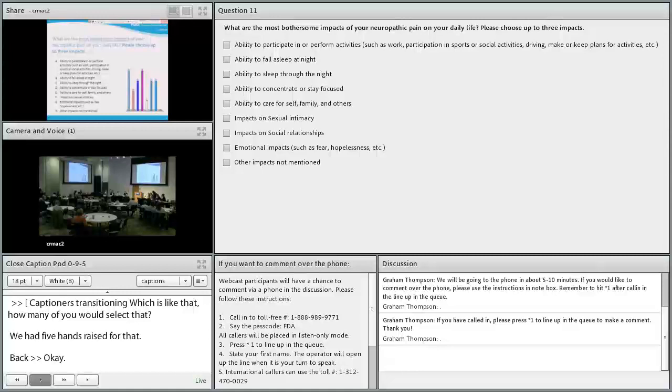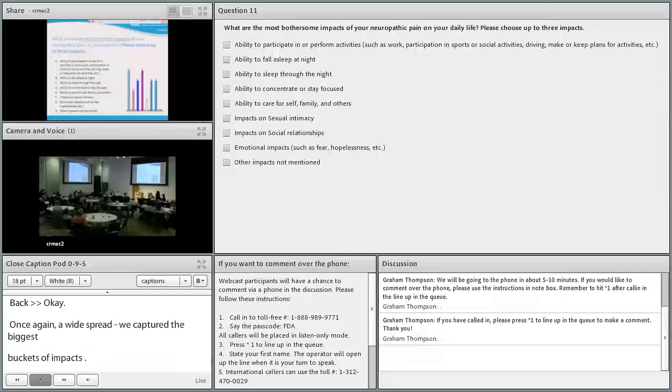And it looks like we sort of captured these biggest buckets of impacts. And on the web? 70% said ability to participate or perform activities, and 50% emotional impacts or ability to fall and stay asleep.